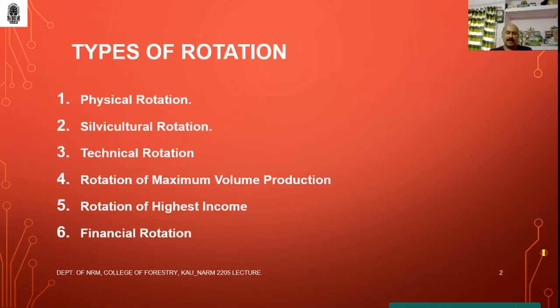So there are different types of rotations that are being practiced in forestry. That is what I am going to talk about in this lecture. Altogether there are around six types of rotation: physical rotation, silvicultural rotation, technical rotation, rotation of maximum volume production, rotation of highest income, and financial rotation.